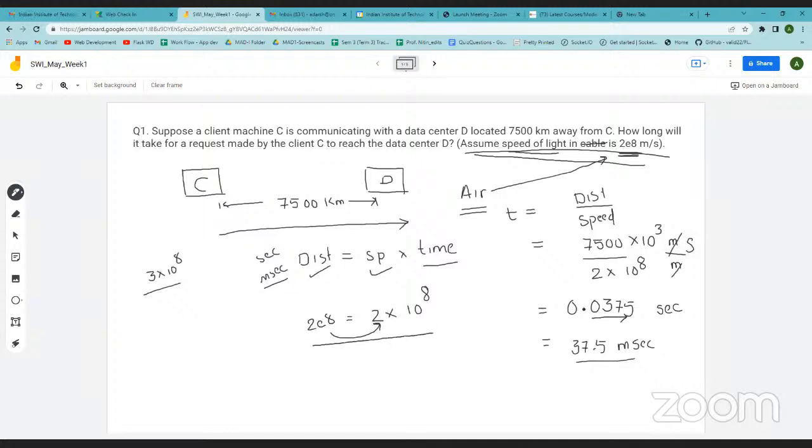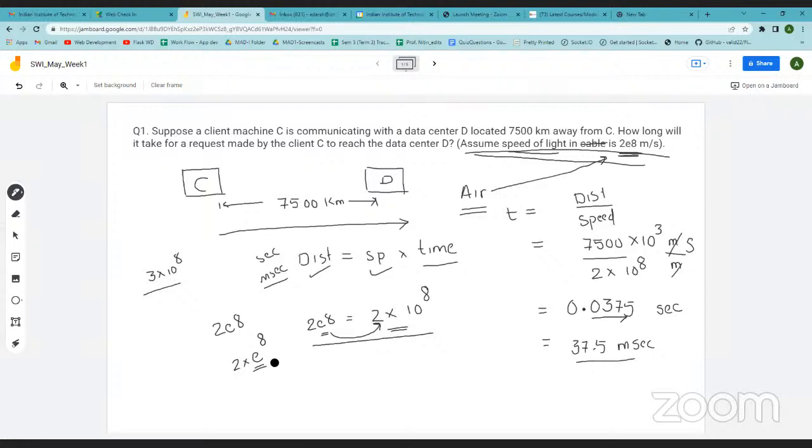This relation, 2e8. Please do not assume it to be 2 into e to the power 8. This is not exponential. This e is not exponential. This is a mathematical representation of 2 into 10 raised to power 8. 2 into e to the power 8 does not make sense, right?